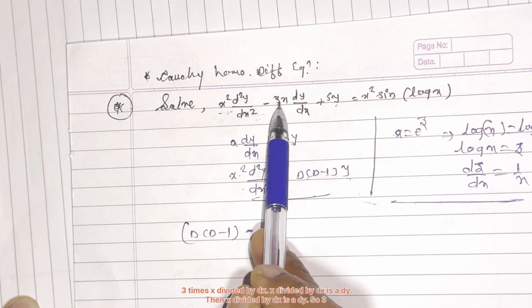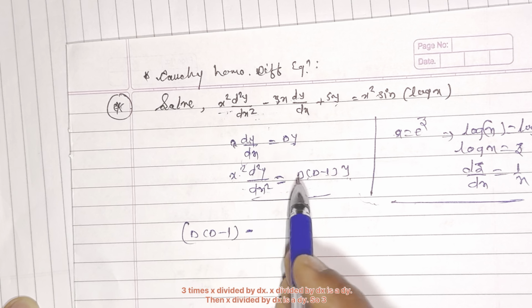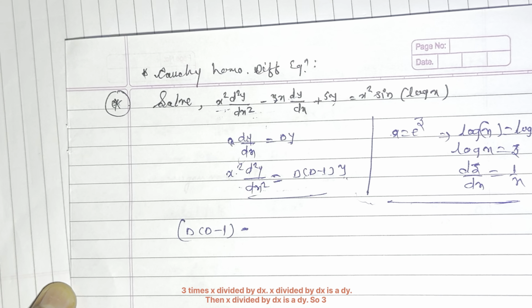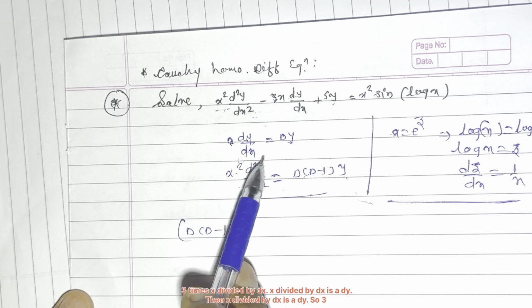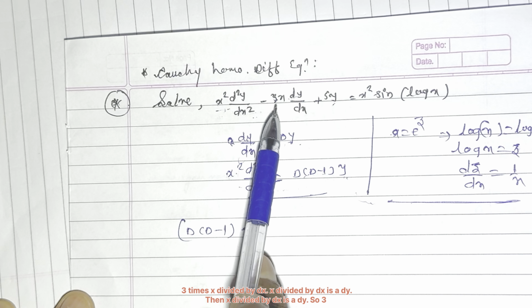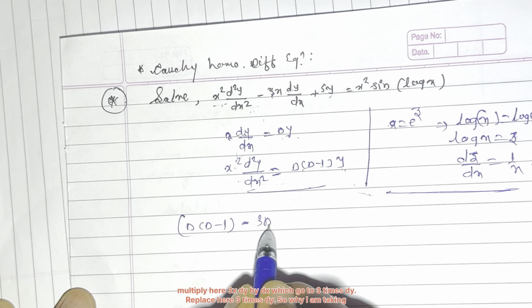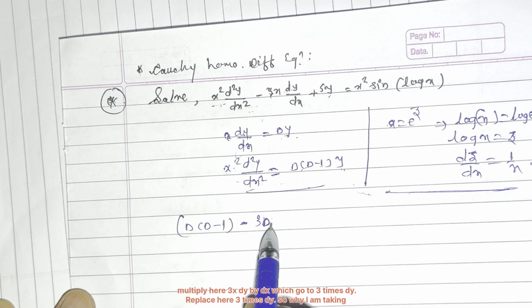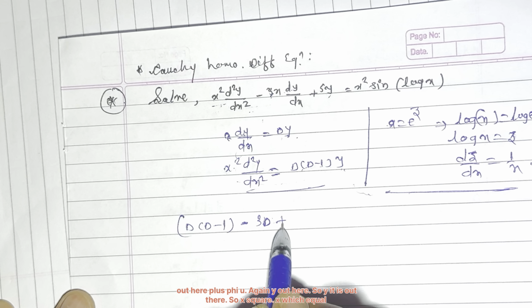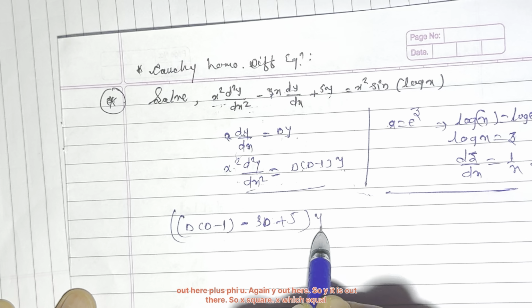Minus 3 times x dy by dx. x dy by dx is Dy, so 3x dy by dx is equal to 3 times Dy. Replace it here with 3 times Dy, taking y out. Plus 5, again y out here.